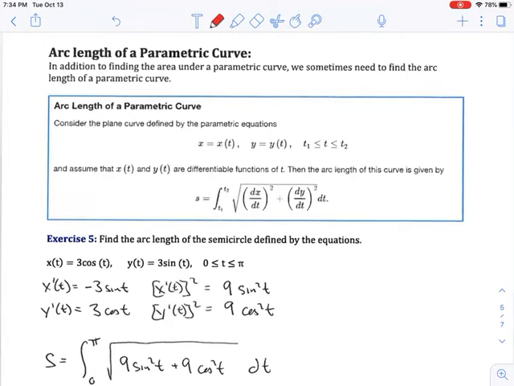And so the arc length is equal to the integral from t1 to t2 of the square root of dx/dt squared plus dy/dt squared. And let's do our first example.